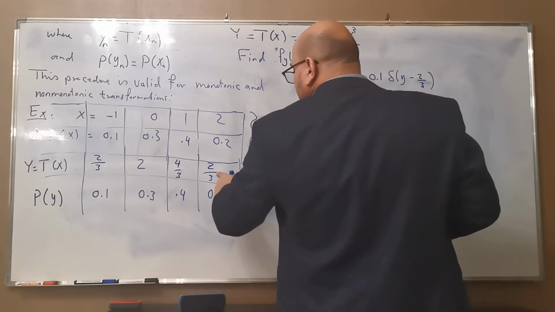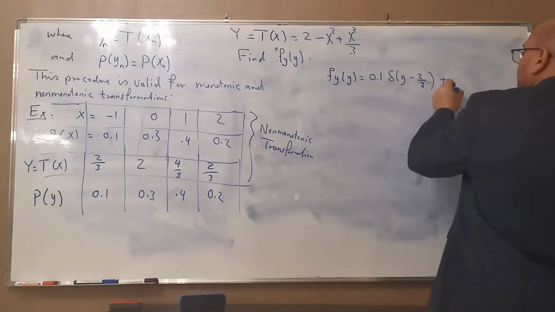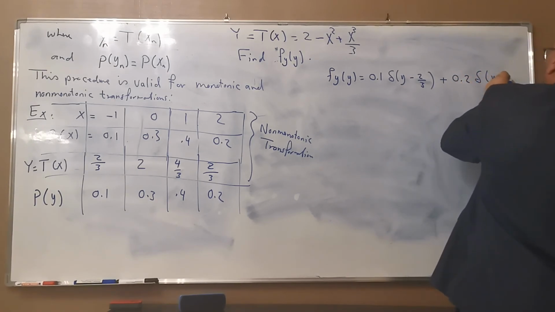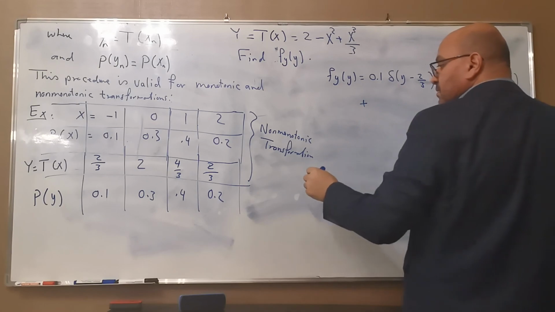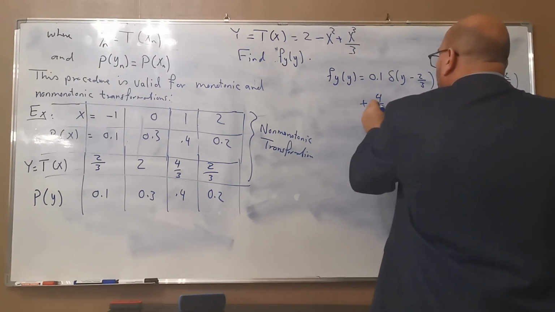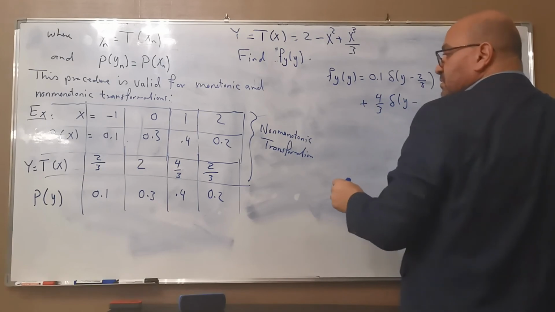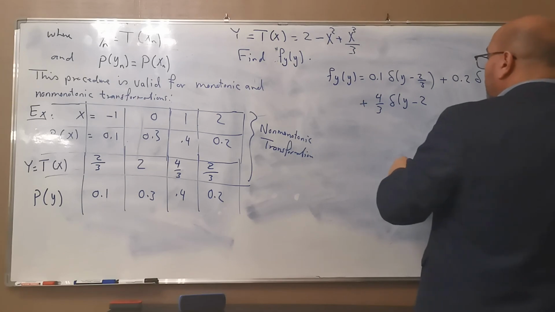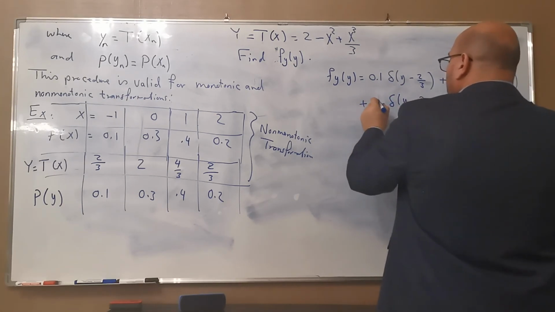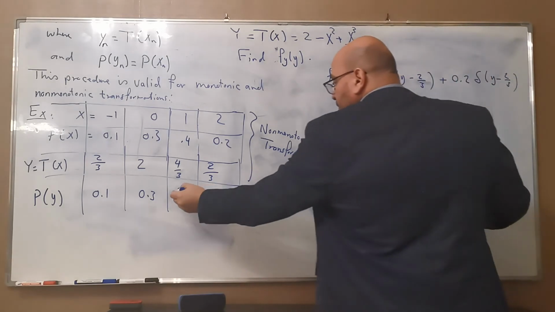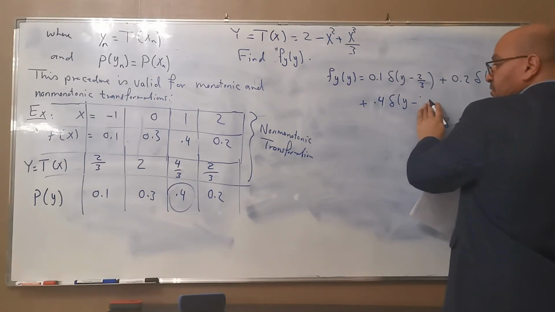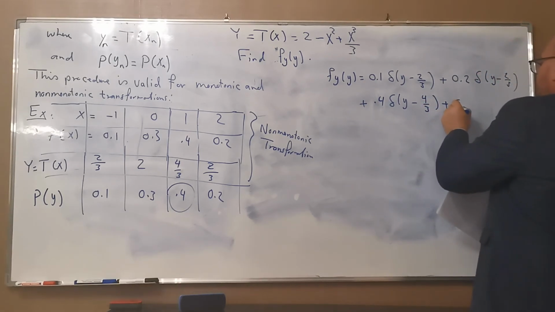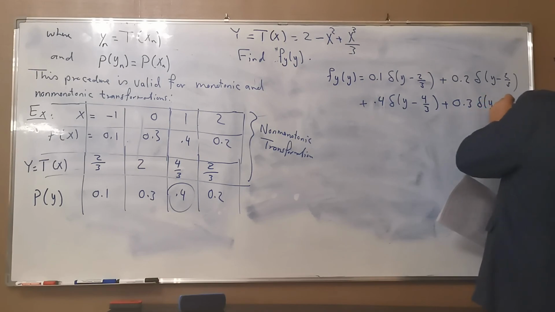And you have another 2/3 here, so it's plus 0.2 times delta of y minus 2/3 plus 0.4, sorry about this, 0.4 delta of y minus 4 over 3 plus the last one is 0.3 times delta of y minus 2.